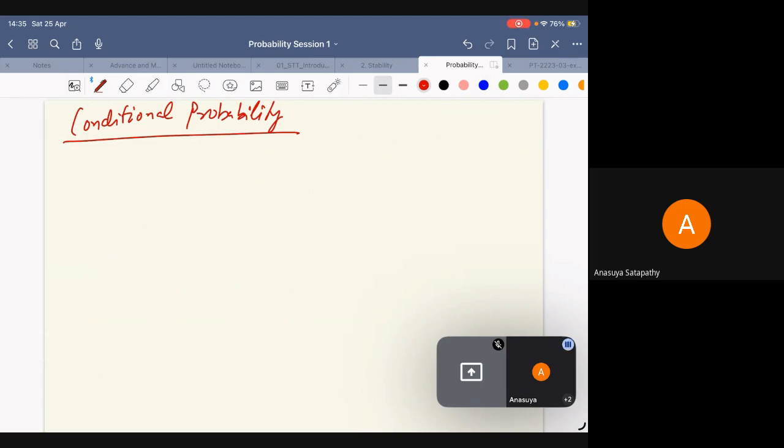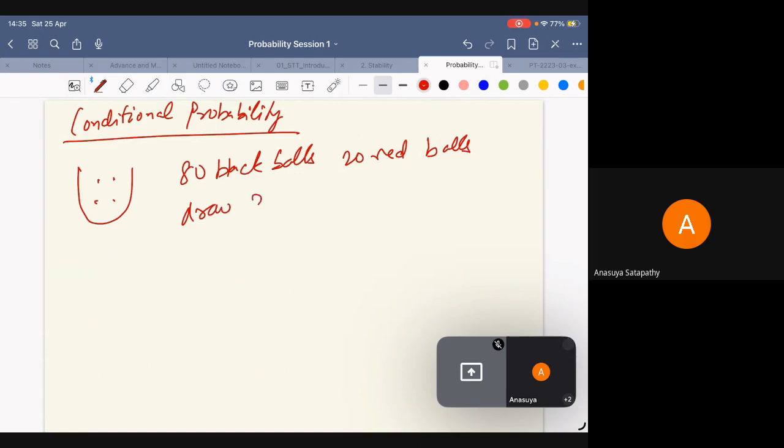So for example, I am giving an example. In an urn, there are 80 black balls and 20 red balls, and we have to draw 2 times without replacement.